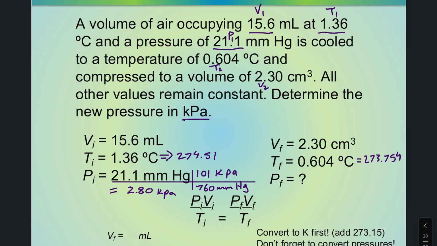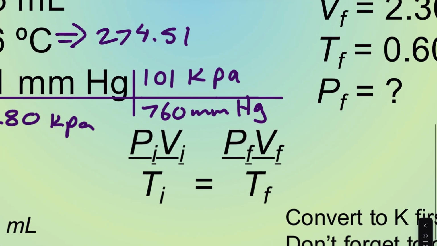And so now we have it in kilopascals. Everything should work out, but we need to rearrange this equation so that we can have the correct units. So what we'll do, I'll zoom in here. We're going to multiply both sides by TF in order to cross that out. Our goal is to find out what the final pressure is. And so we're going to try to isolate that on one side.